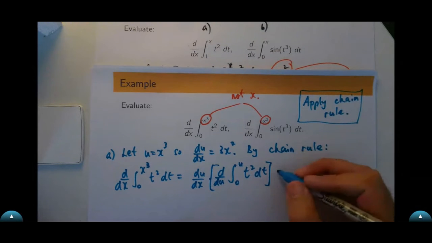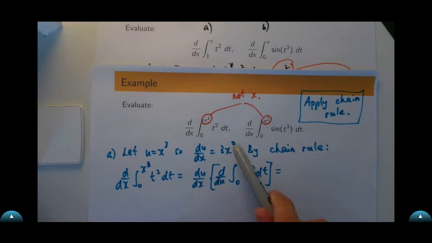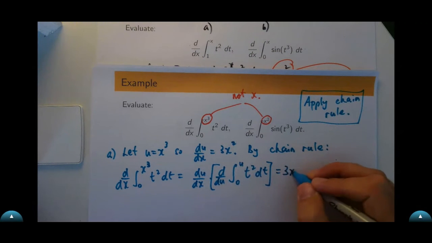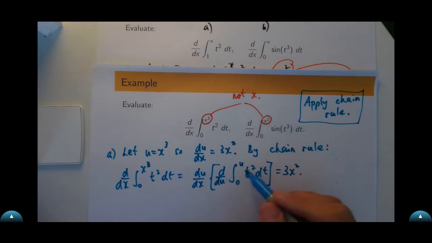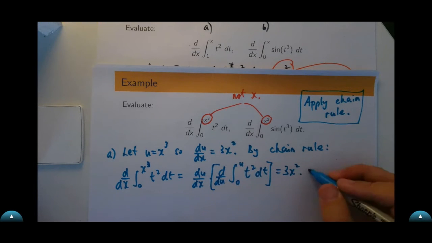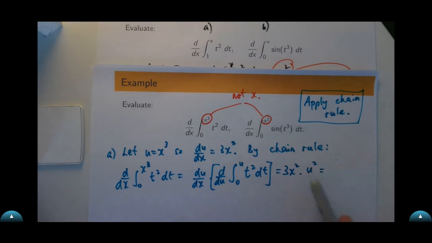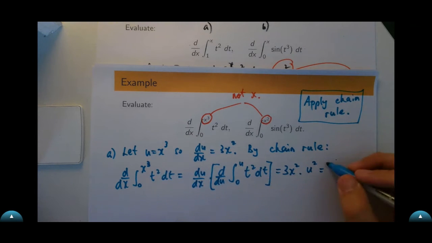Okay, so du dx is going to be 3x squared. This is going to be, well, replace t with u and get back to the original variable.